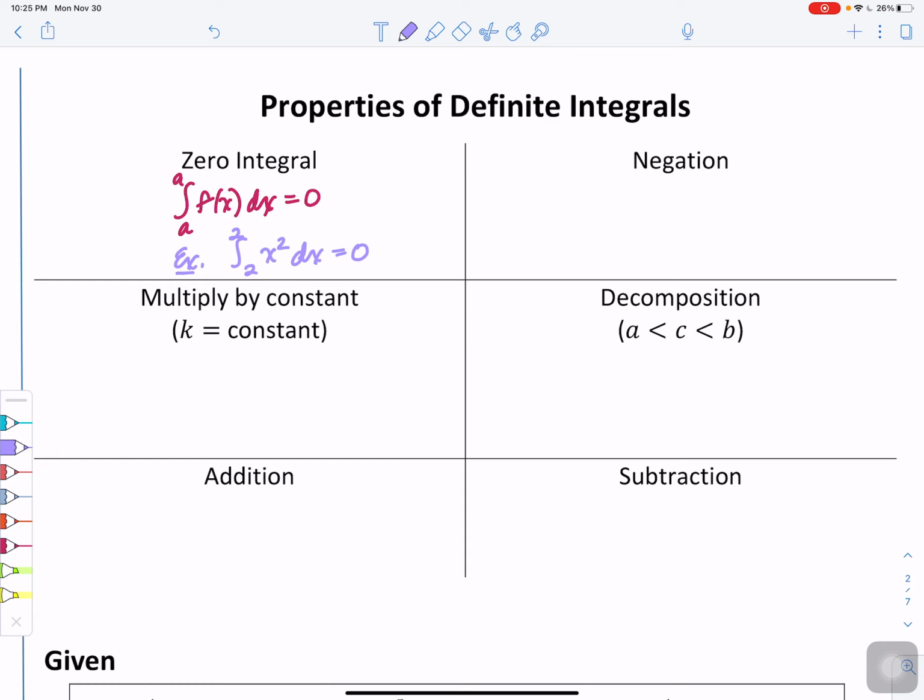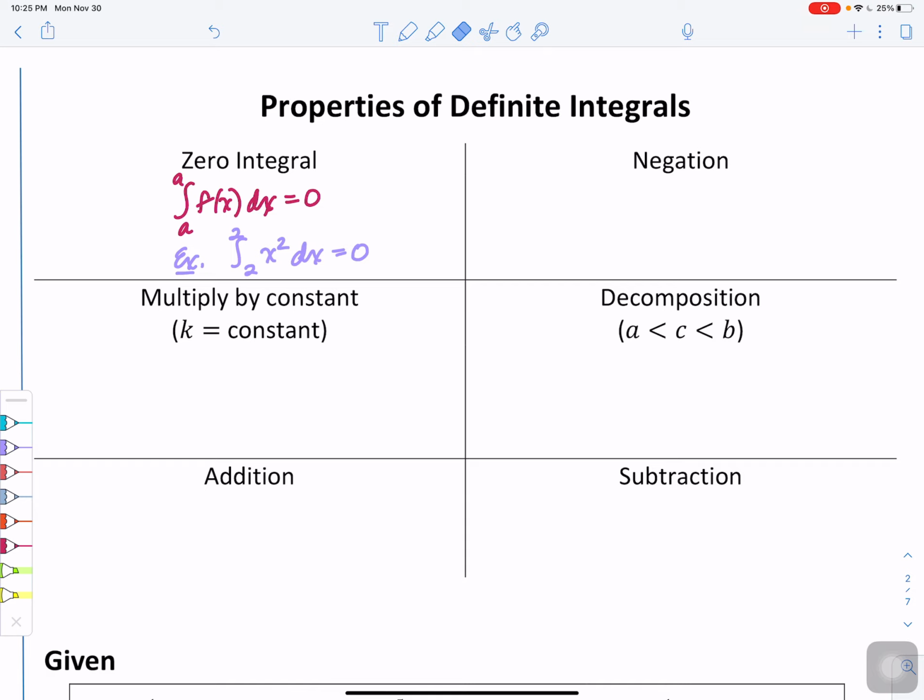Okay? Let's go ahead and go over to negation. And this is super important. And it looks like this. Let me write the formula first, sorry.